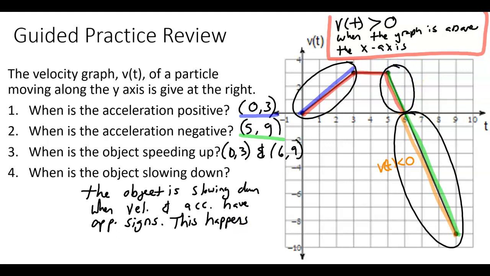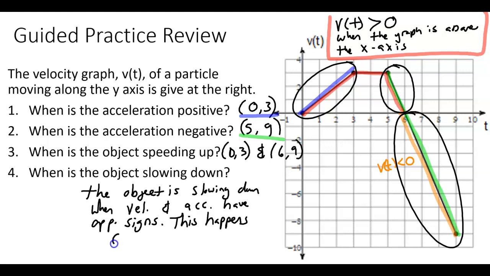The red indicates that my velocity is positive. My velocity is positive because the line is above the x-axis. But my acceleration is negative because the slope of that line is negative. And the slope of that line is the acceleration. So in that case, we have a positive velocity and a negative acceleration.